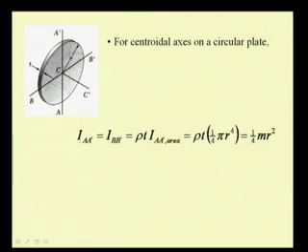We have the second moment with respect to the axis A prime, which is also equal to B prime. Why? Because we have seen that this is a symmetrical body and these two quantities are the same.